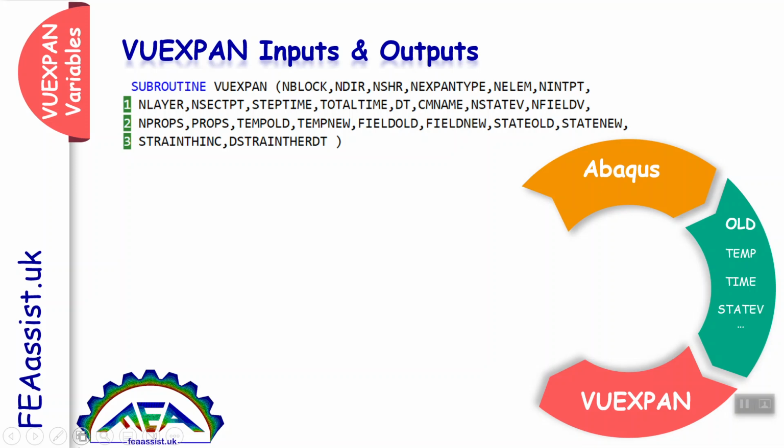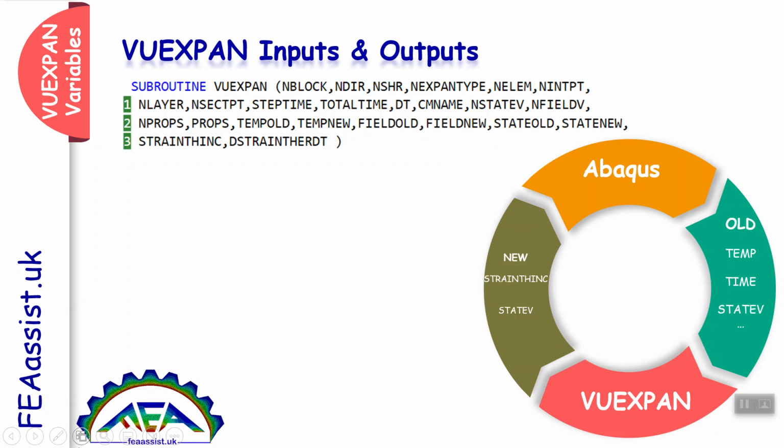In the VUXpand subroutine, we need to process these variables and compute new variables like the thermal strain increment, state variables, and all the outputs, and return these outputs back to Abaqus.